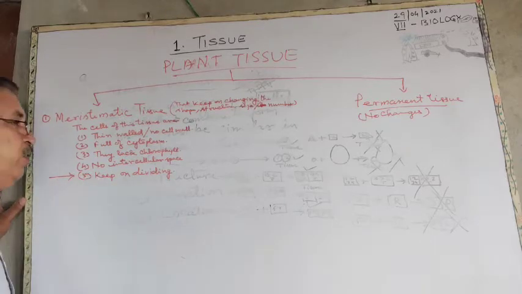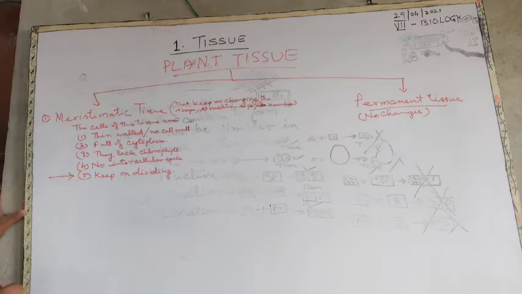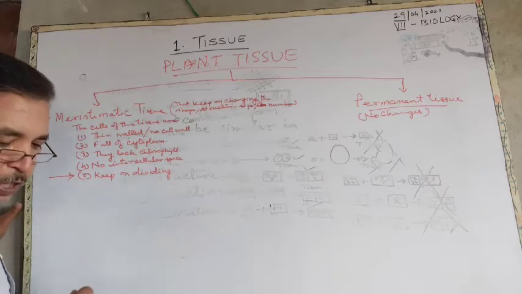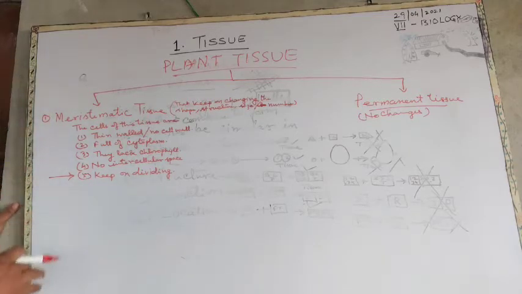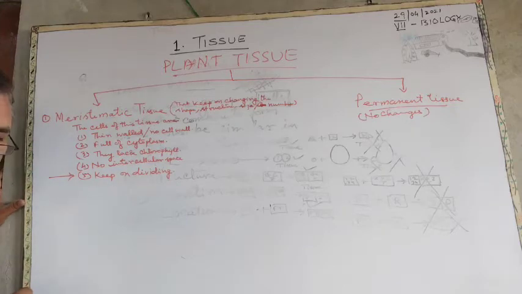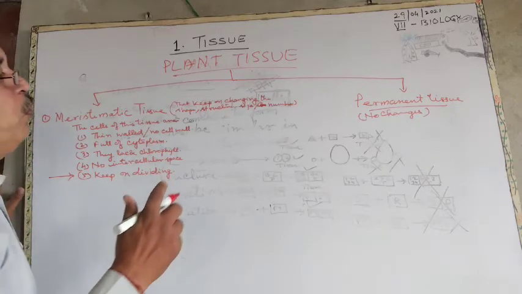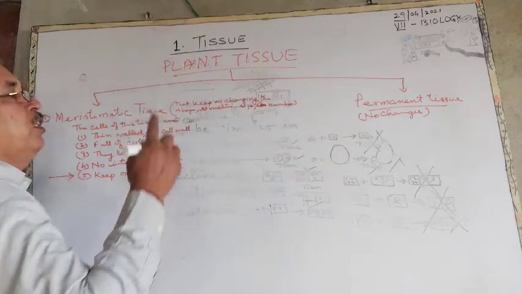This is called cell division, and the outcome of cell division is growth, and growth ultimately results in development. Development means increase in the size of the body of the organism, say a plant or an animal. Here we are basically reading about the plants. Clear this, right?